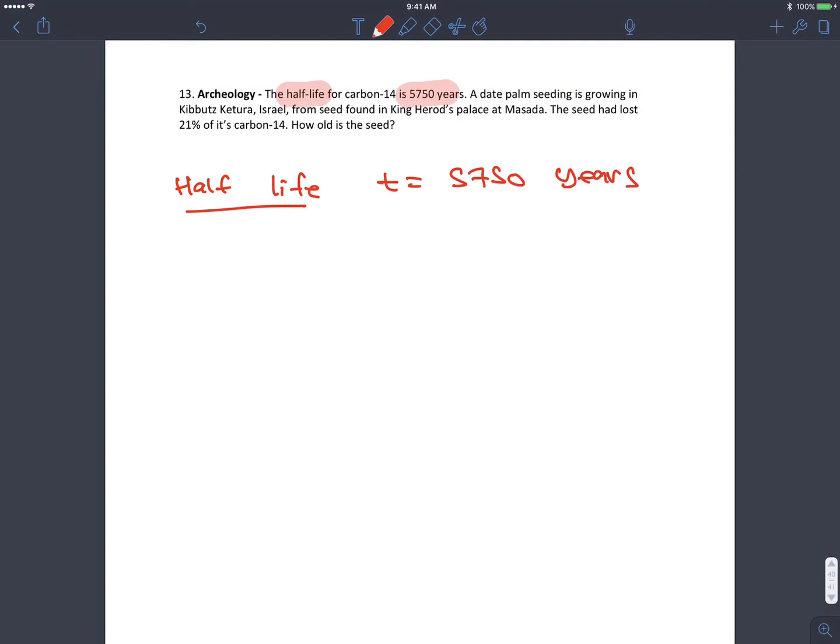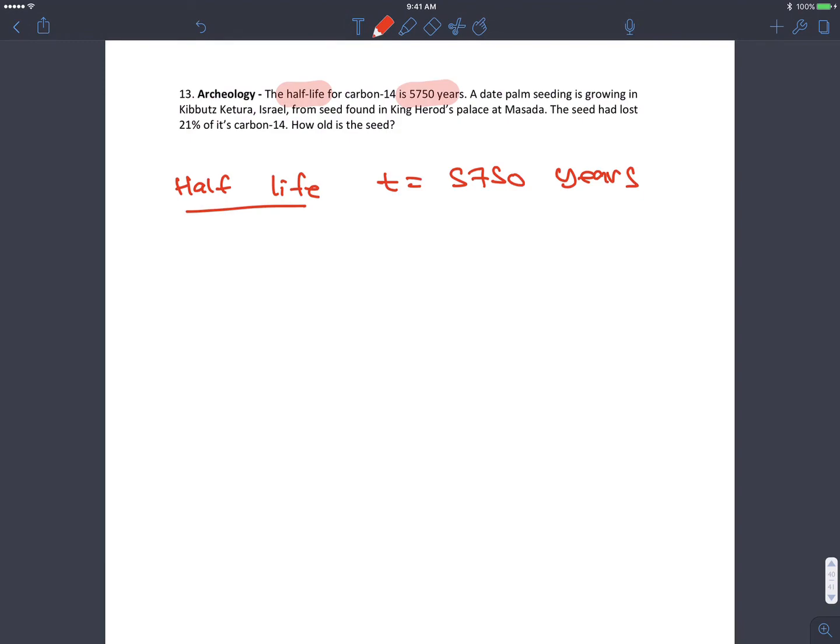A date palm seedling is growing in Kibbutz Ketura, Israel, from seed found in King Herod's palace at Masada. The seed had lost 21% of its carbon-14. How old is the seed?